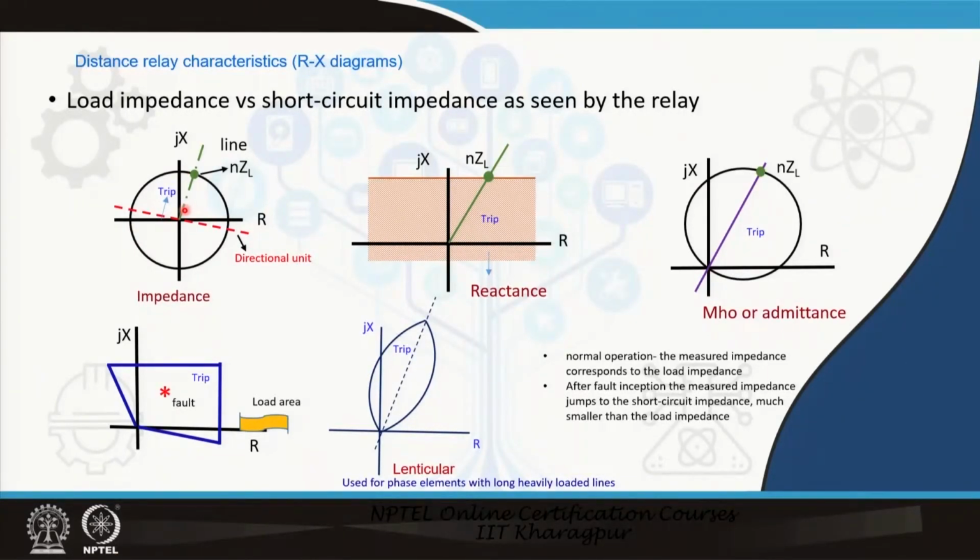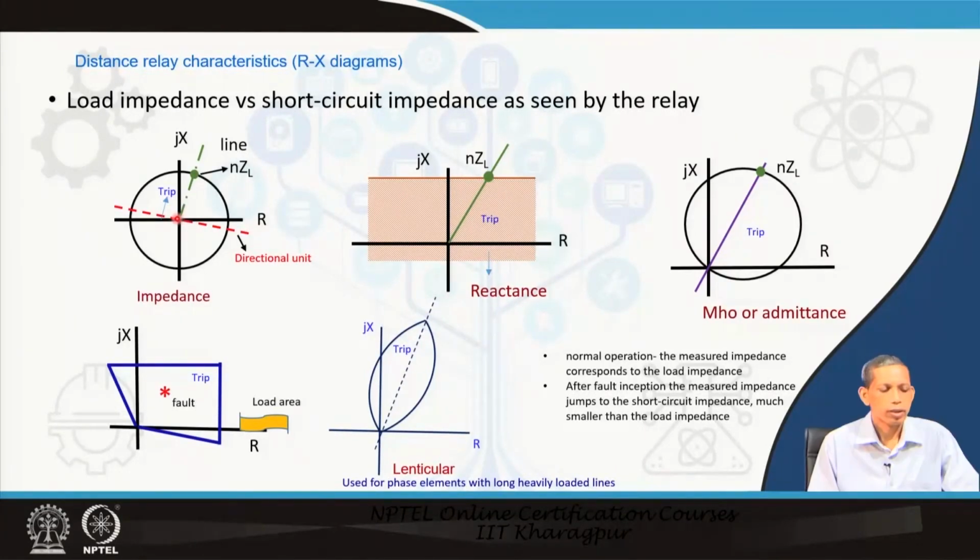Now, however, when you talk about a fault in the forward direction, we will see that only this upper half is required. So, in this kind of characteristic we require a directional relay. That directional relay will give the only trip region.